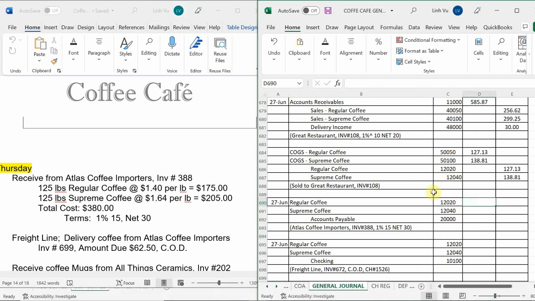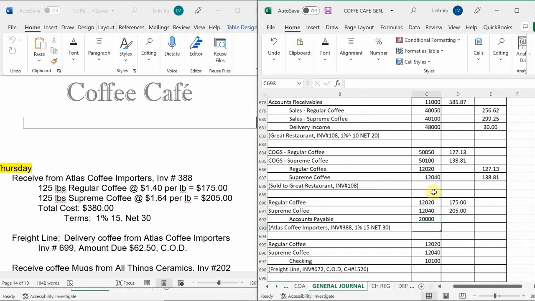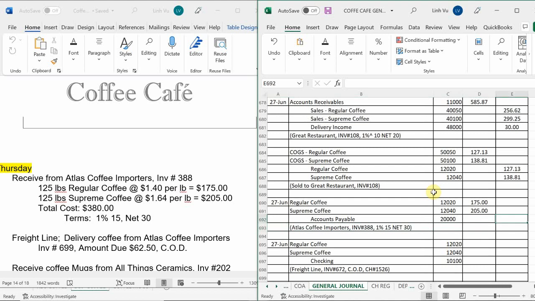How much regular coffee and how much Supreme coffee? $175 and $205. Grand total 380. Okay.